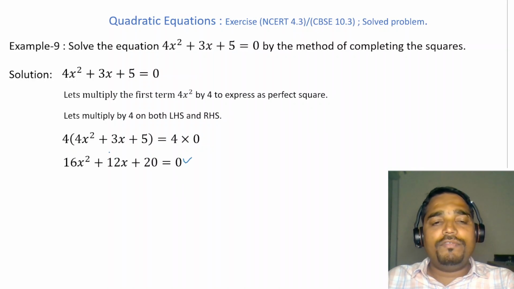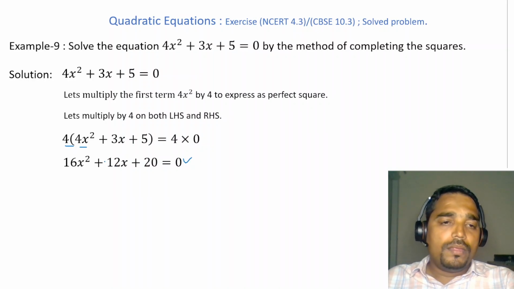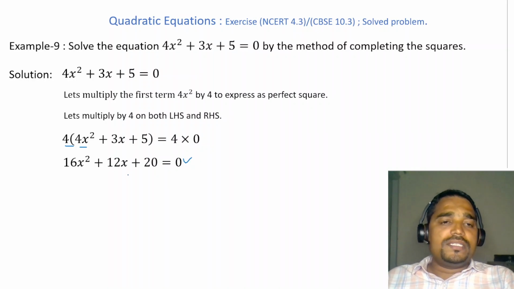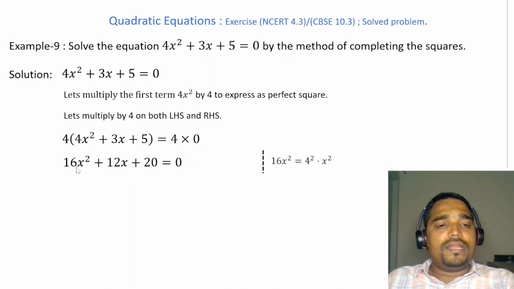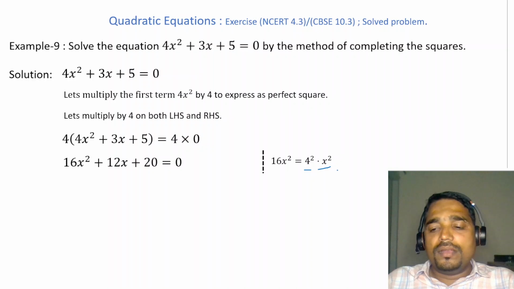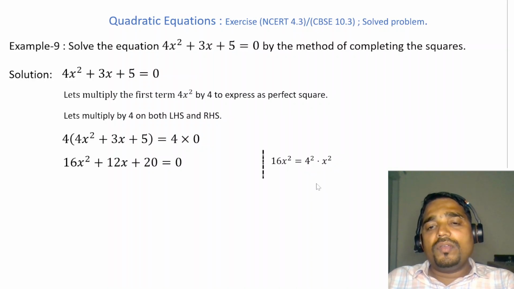Now coming to simplification of LHS, 4 should be multiplied with all the terms. That is, 4 multiplied by 4x square is 16x square. 4 3s are 12, followed by x, plus 4 5s are 20. Now the first term 16x square is not a perfect square in this fashion, so let's rearrange. 16x square can be rewritten as 4 square x square or 4x whole square.